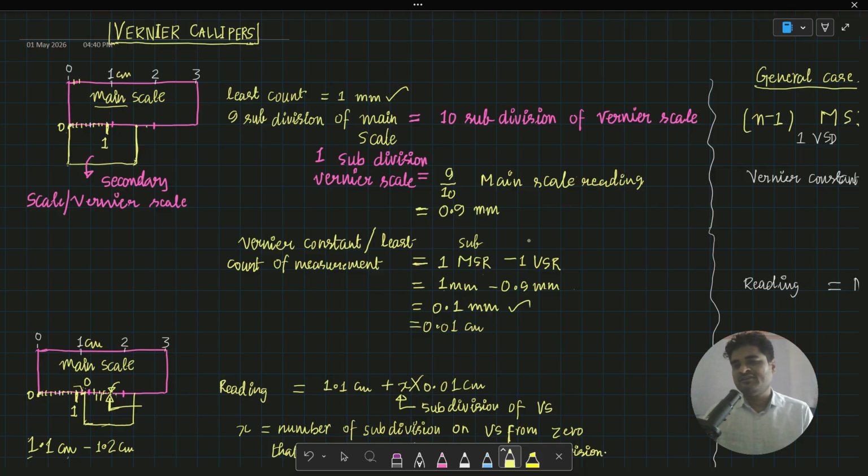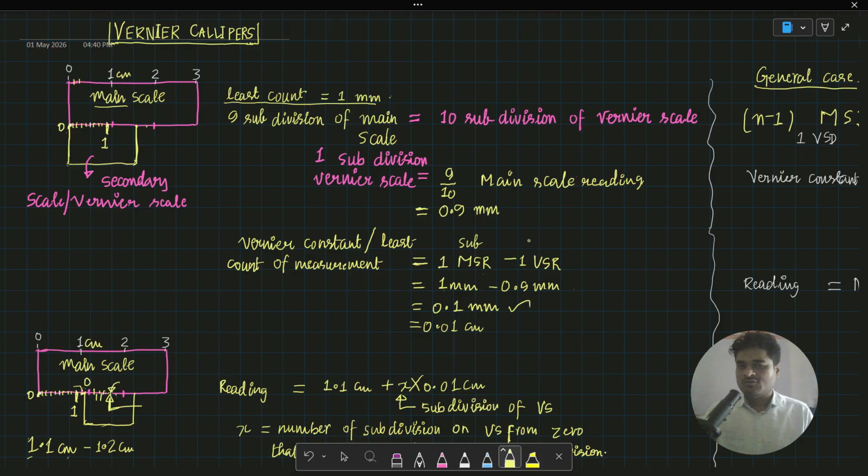So we'll say that main scale has least count of 1 millimeter, and we know that from this main scale we cannot measure any value smaller than this least count.